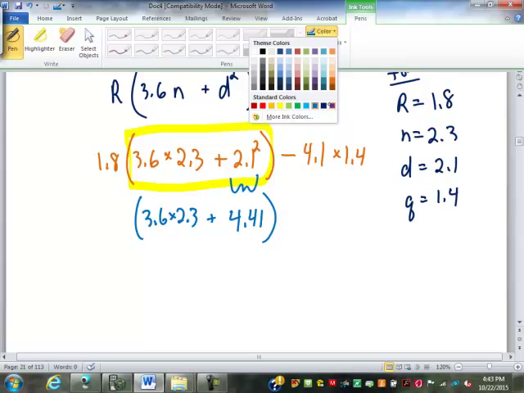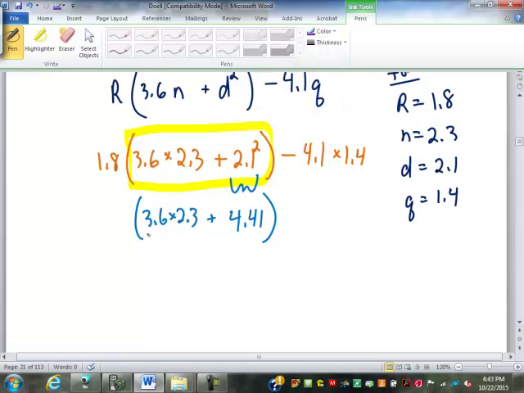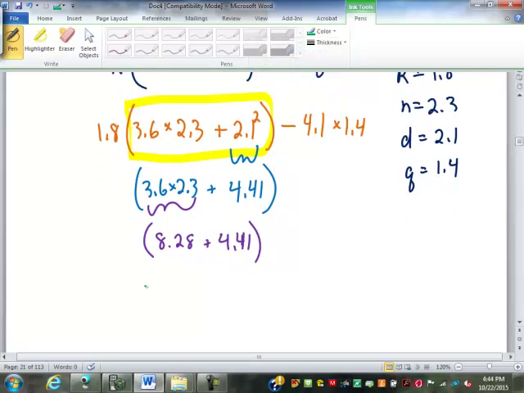Then what? 3.6 times 2.3 gives 8.28. And then 8.28 plus 4.41 is 12.69.